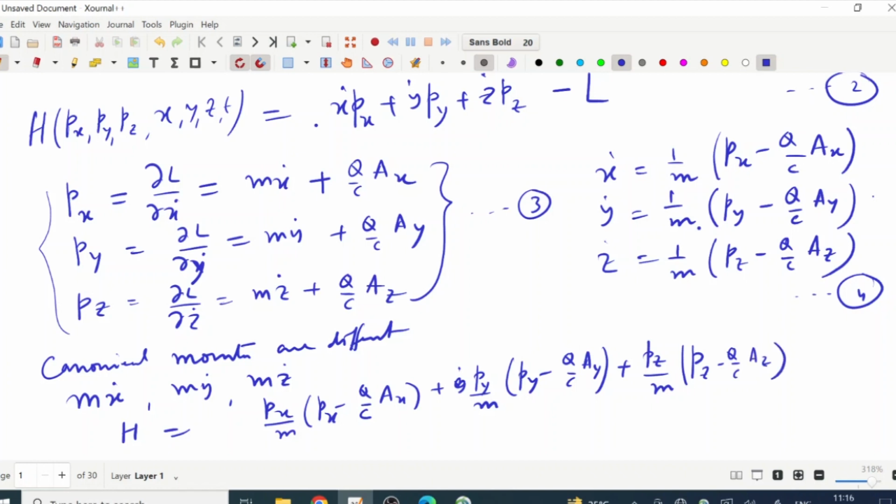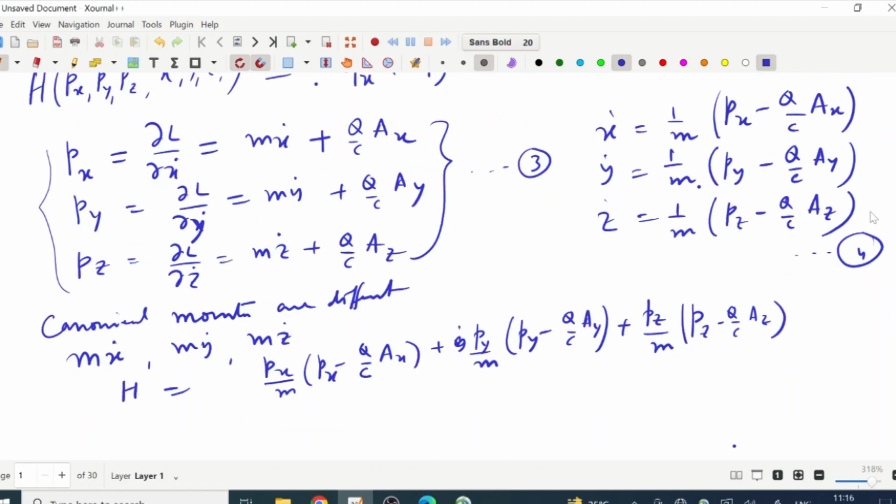So this is the first term, and the Lagrangian had minus half m times x dot square plus y dot square plus z dot square.